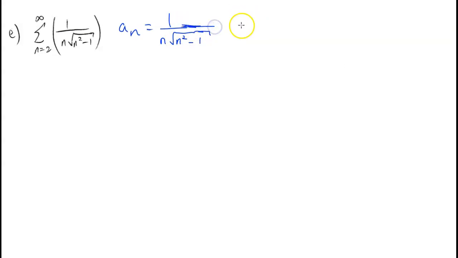For our b sub n, we're just going to chop off that -1 there, and say this is 1 divided by n times square root of n squared. Since n is going to be values that are 2 or higher, the square root of n squared is actually the absolute value of n, but since n is always positive, I can just assume that's n as well, and we can look at this as n squared.